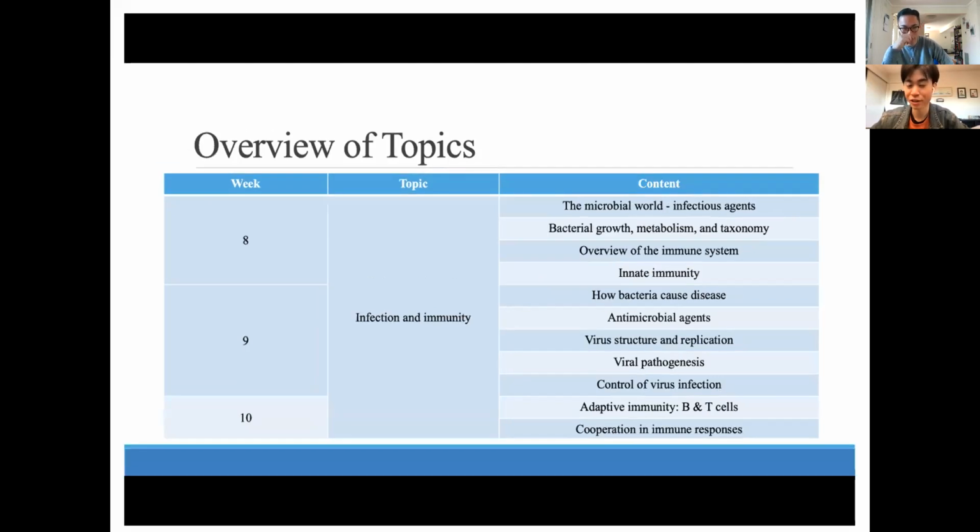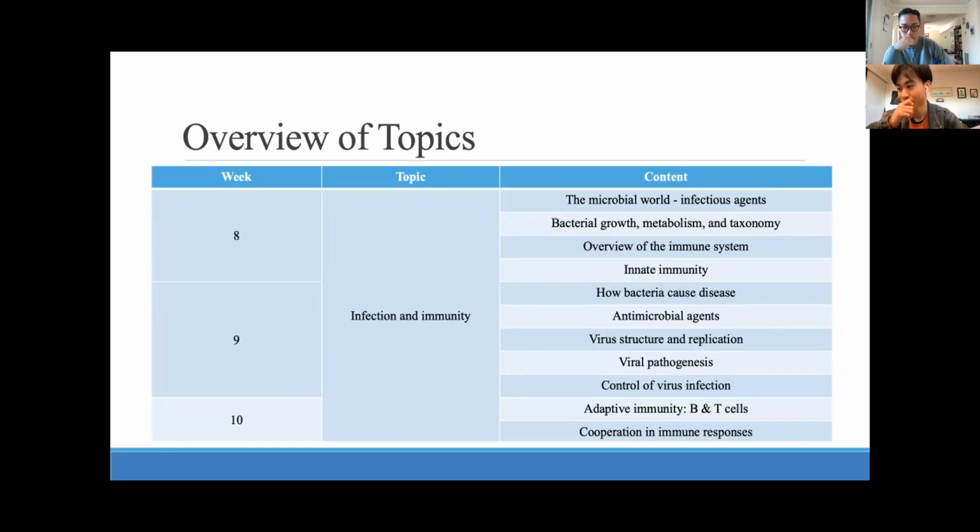Yes. This one was probably one of my favorite bits of MCB, which is why I decided to choose a second year, second semester elective to do with infection and immunity, called MIMS, microbes and infections. Pretty much you learn the bare basics of infection and immunity.